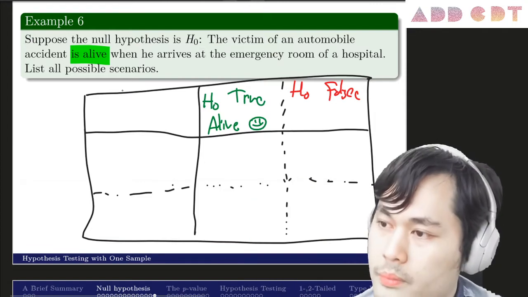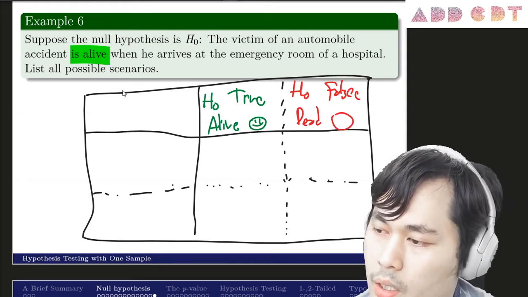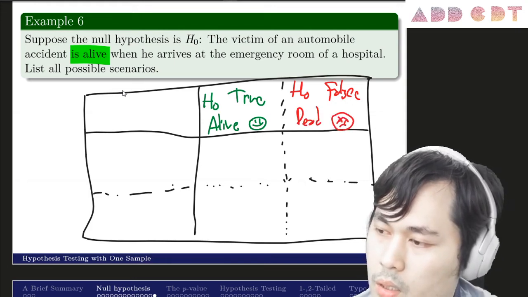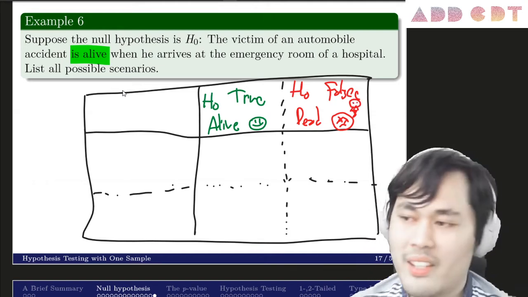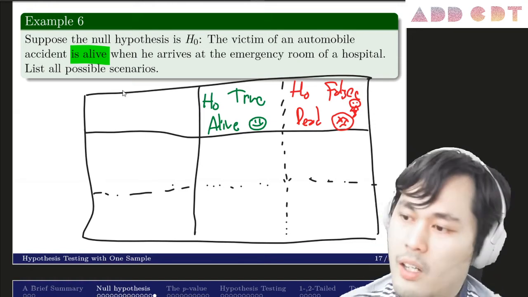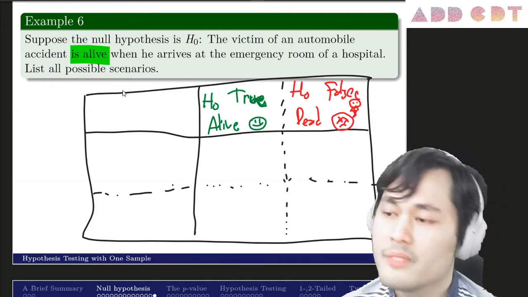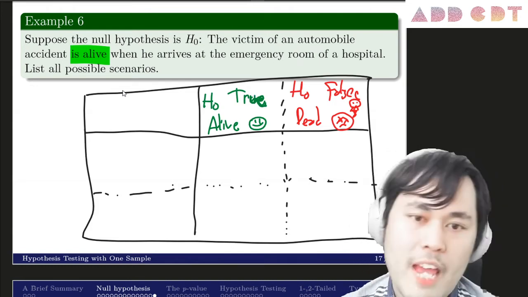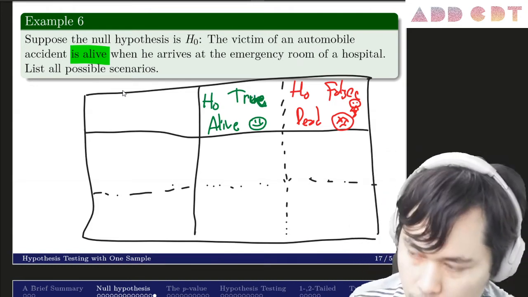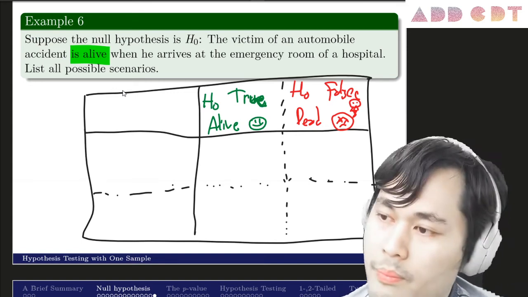Or he might be dead already by the time he's at the hospital. As a doctor or healthcare worker, maybe you don't have enough tools or enough equipment to test if he is alive or not.